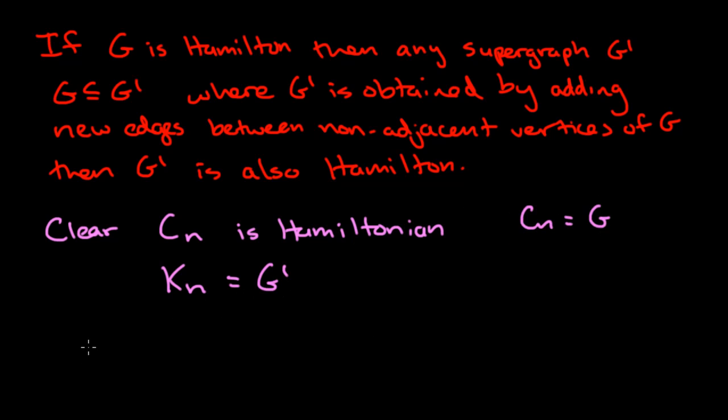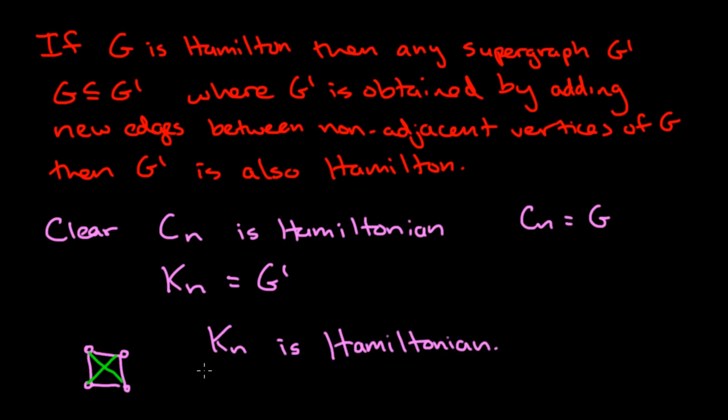For example, if you think of the cycle on 4 vertices like this, if you want now the complete graph on 4 vertices, all you have to do is keep adding edges until you've got them all. So by the observation above, we know then that Kn is also Hamiltonian. If you're wondering why the complete graph is Hamiltonian, it's because it has the cycle Cn as a subgraph, and that cycle is itself the Hamilton cycle.